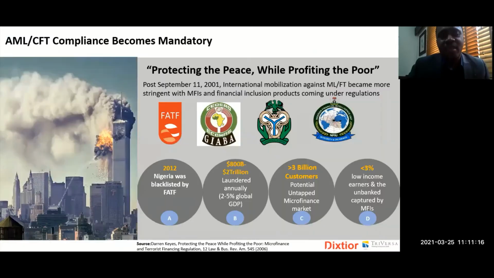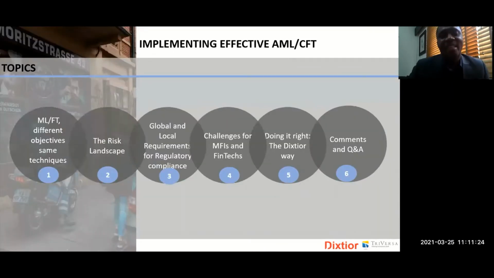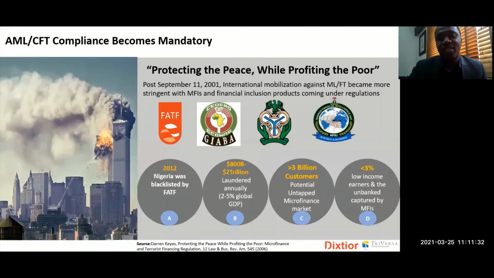Now, as Jide has given us a very good background, we know that quite a number of things have changed, especially since September 11. Given the more stringent concerns around AML and CFT, we now know that AML and compliance has become mandatory.